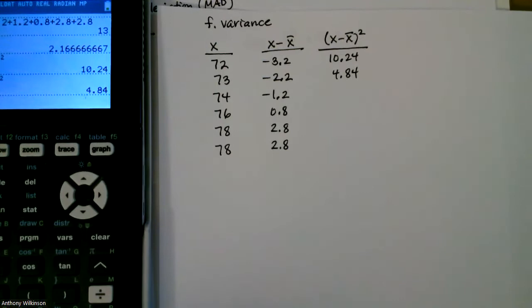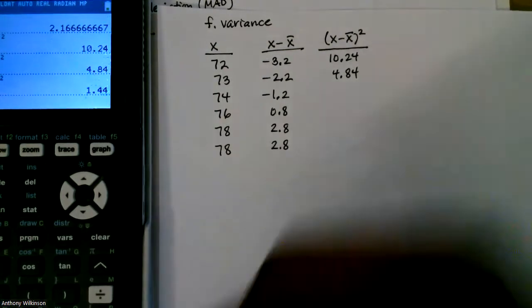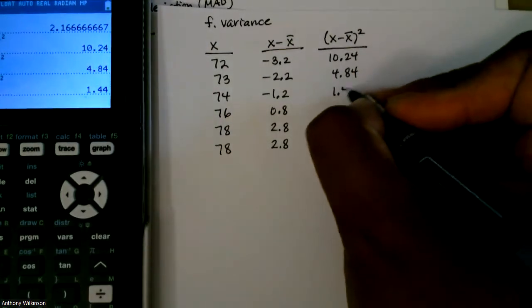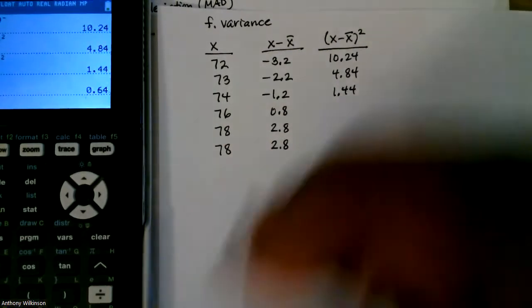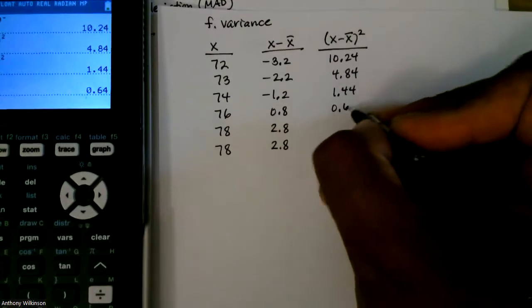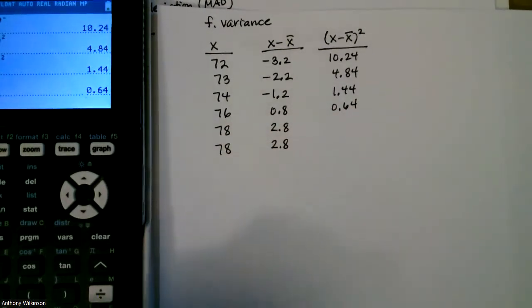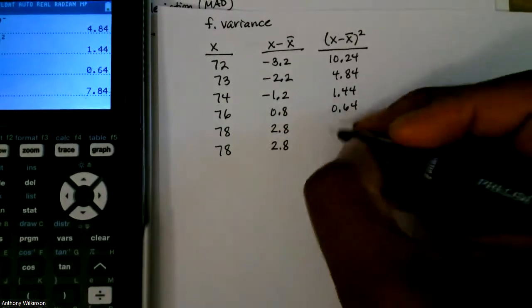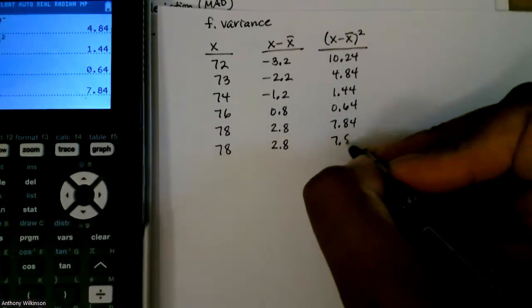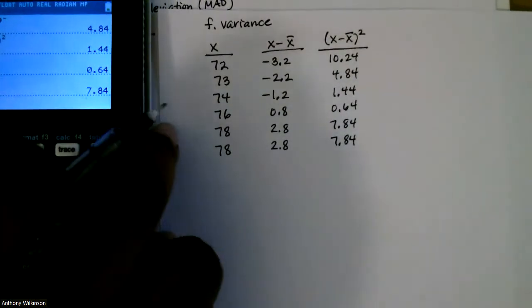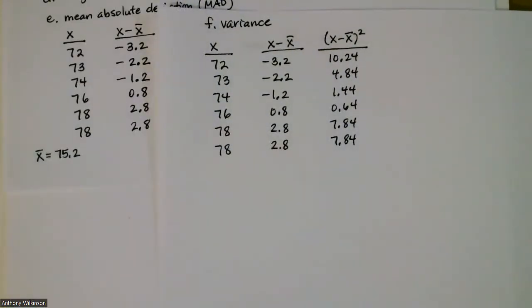And then negative 1.2 squared would be 1.44. 0.8 squared would be 0.64. And then 2.8 squared will be 7.84. And again, 2.8 squared will be 7.84.